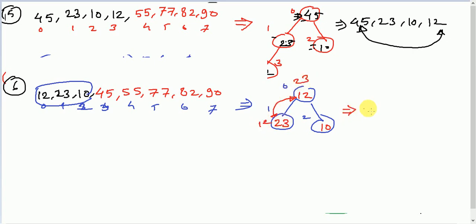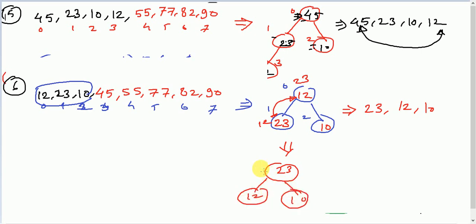If I show them in index format, it will be 23, 12 and 10. If I draw a heap for this, it shows 23, 12 and 10. This is index 0, 1 and 2. So I will represent it like this.